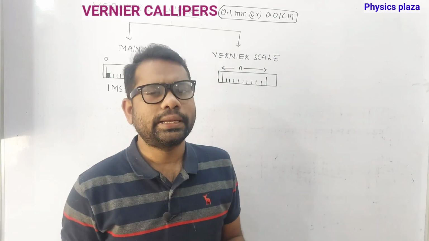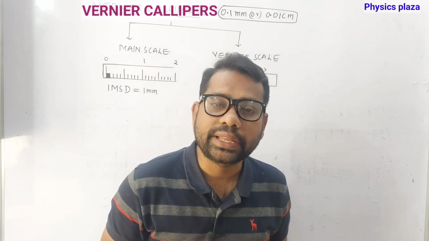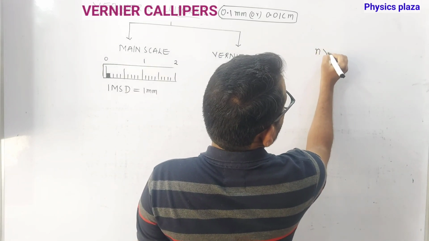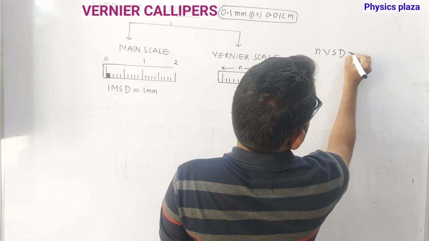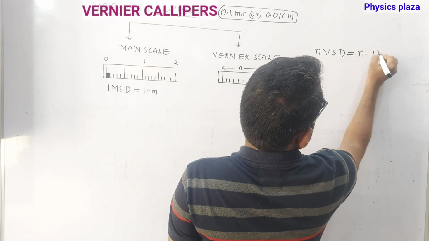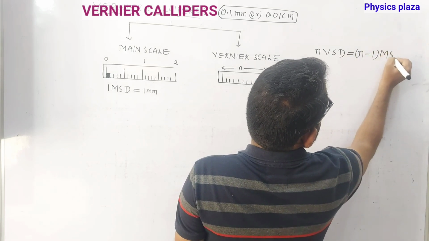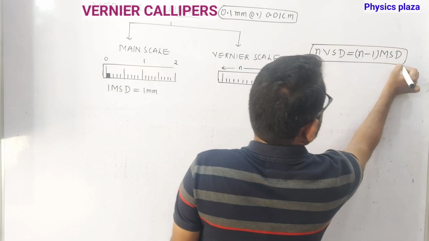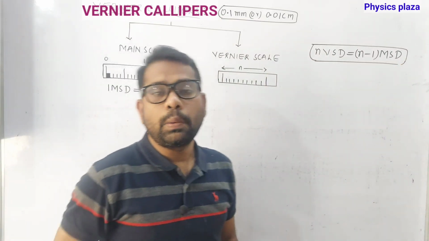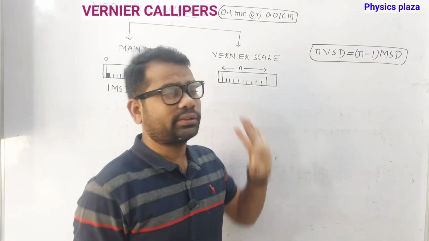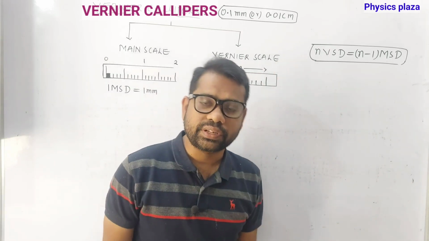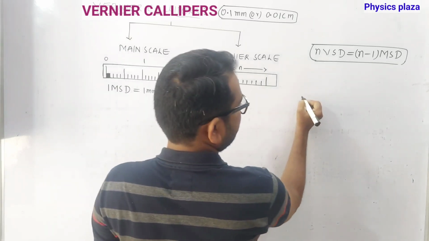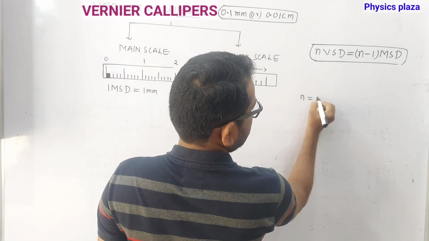Once again, let us see the principle of Vernier calipers. It says that n Vernier scale divisions is equal to n minus 1 main scale divisions. This is very important, so how do we understand it? For suppose I have taken a Vernier calipers whose scale divisions are 10.